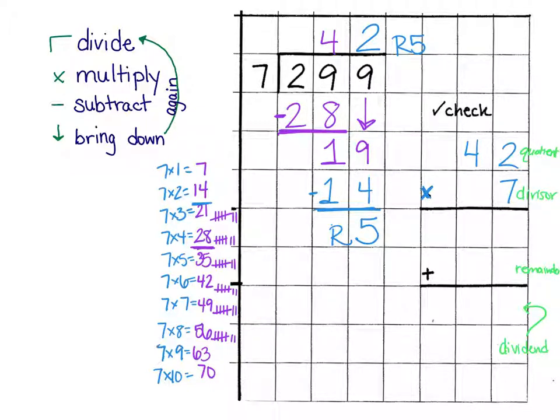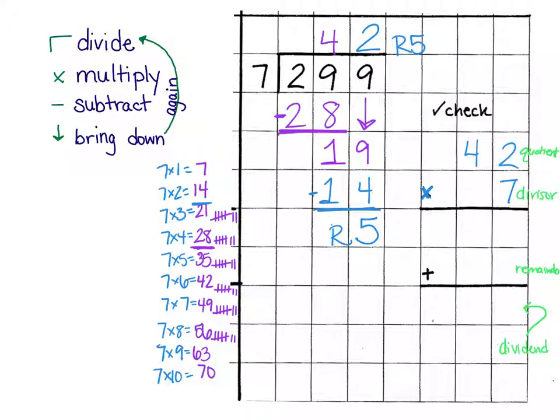So 2 times 7 is 14, and 4 times 7 is 28 plus 1, 29.